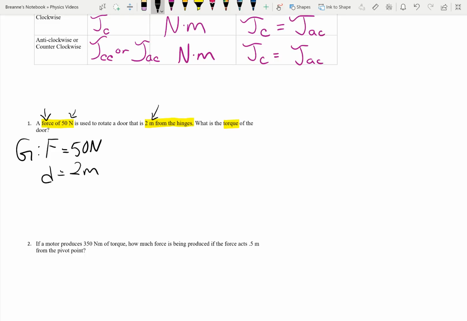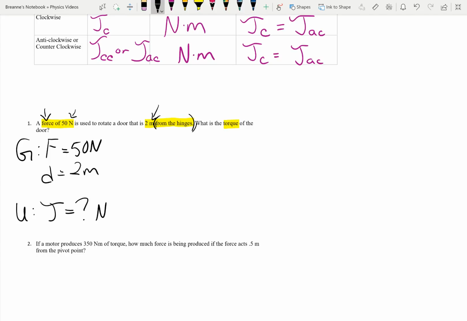And also from the hinge, that little statement there, think about it like you are 2 meters from the hinges, also giving you distance. Your unknown, what you're looking for, it says, what is torque? Torque is represented by tau.